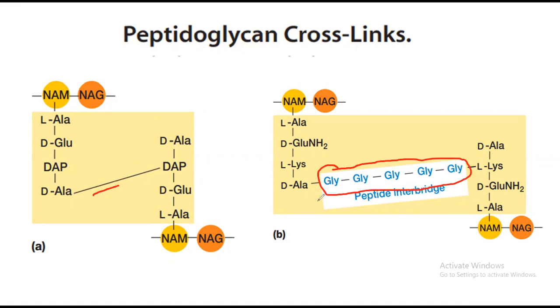And in this second figure, the D-alanine is bonded with the L-lysine of the other subunit with the help of the peptide interbridge, and this is also known as the pentaglycine chain.